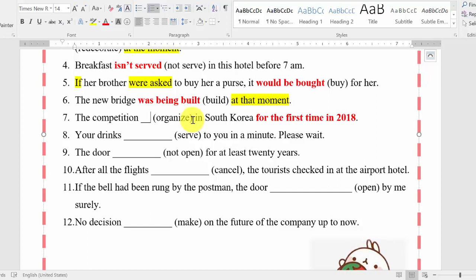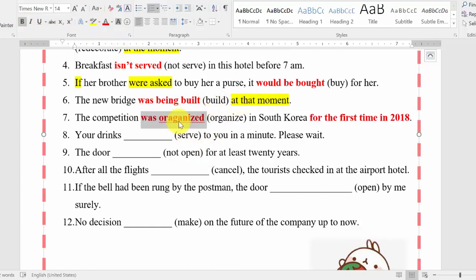So your answer should be past tense, passive voice: the competition is organized by someone. Passive form, past tense, was/were plus PP. Here we choose was because it is one competition only, so was organized. Your answer: was organized.